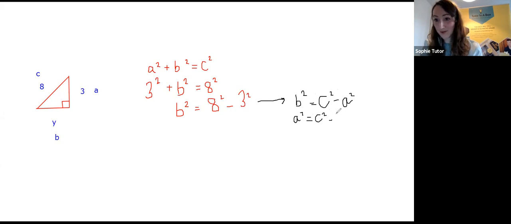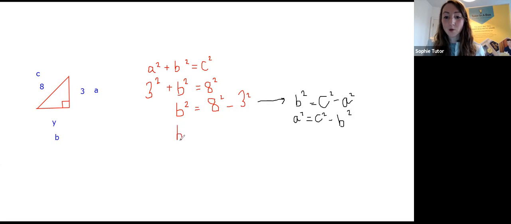Okay, so we can see that b squared equals 8 squared minus 3 squared, and as we've said, that's just another way of writing our Pythagoras' theorem, but we've just changed the a onto the other side. If you need more help with algebra and rearranging things, then have a look at our algebra webinar that specifically goes through changing sides. So, back to the question.